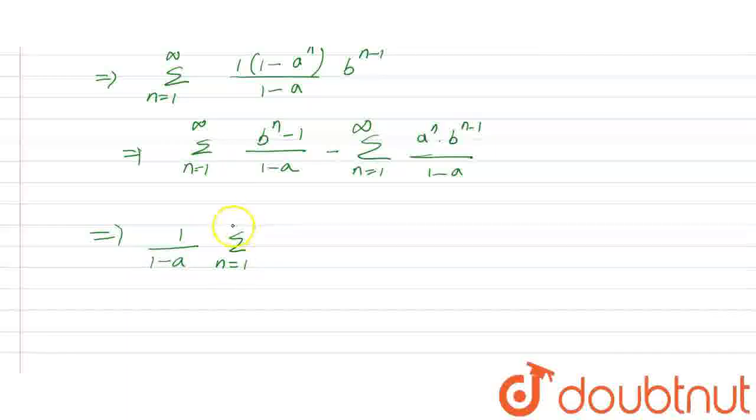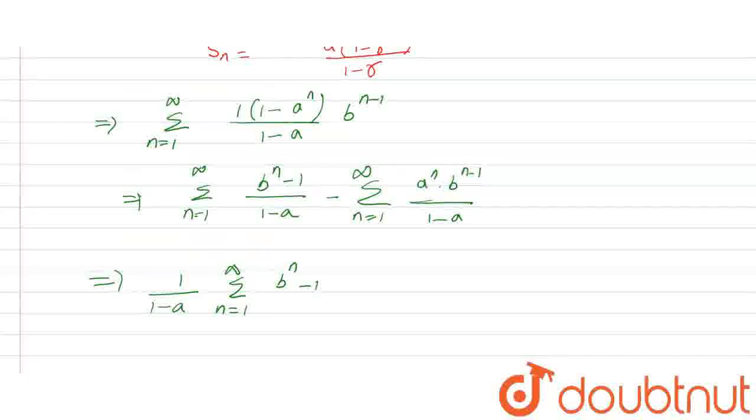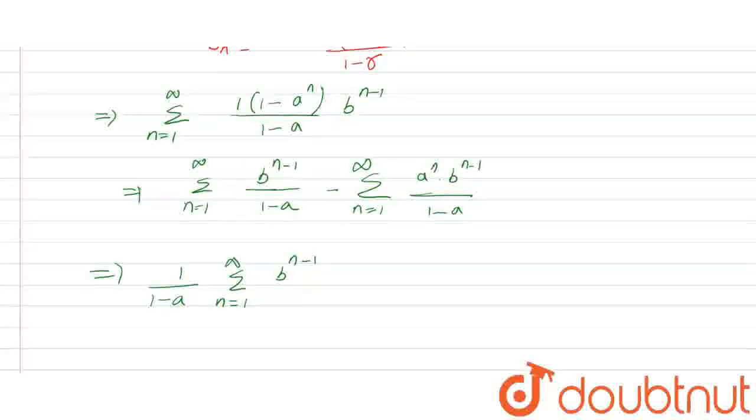This is b raised to the power n - 1, and here also it is n - 1. Now this is minus a upon (1 - a) times the summation, n from 1 to infinity, of (ab)^(n-1).